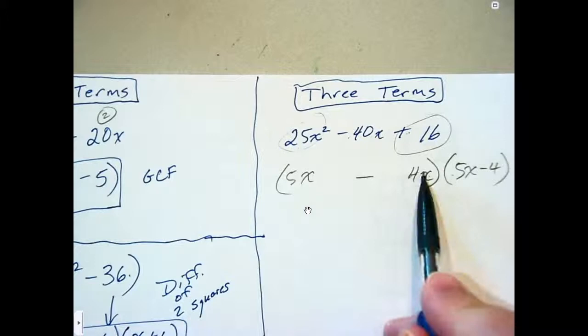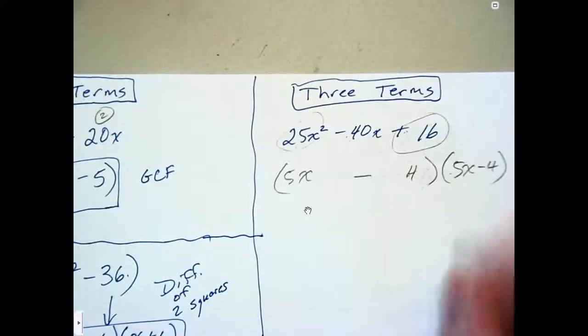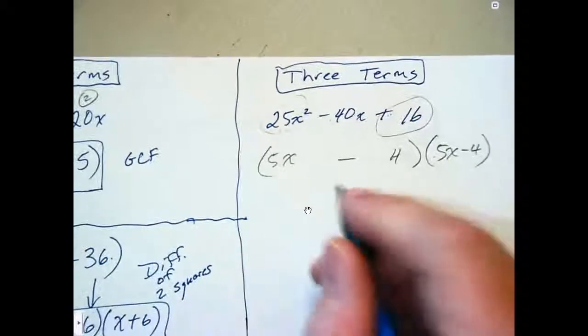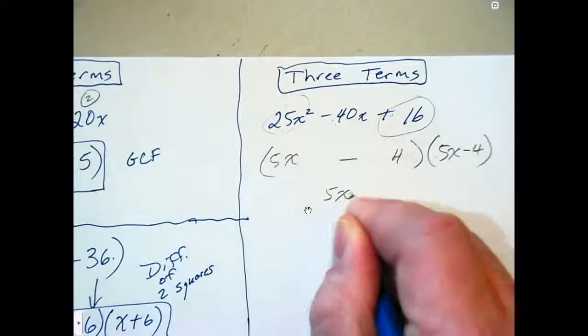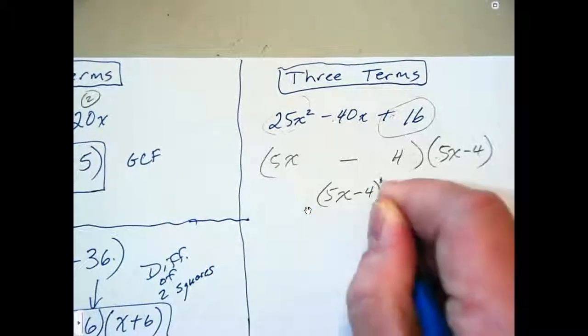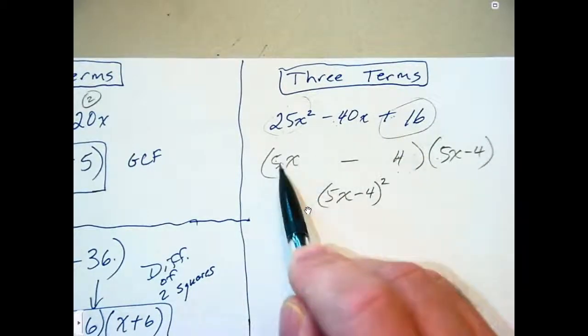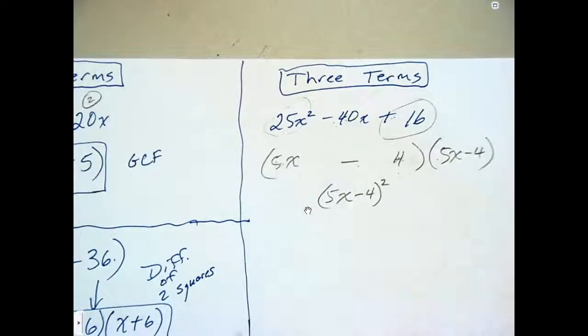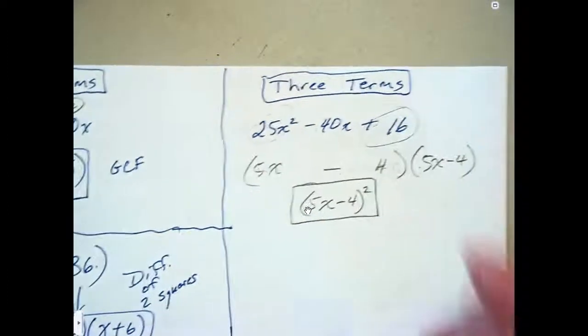And you usually write that, rather than having a big, long quantity there, as 5x minus 4, quantity squared. So if you have the square root here and a square root here, and those two pieces multiplied together and doubled, is that, you have this pattern. That is a perfect square trinomial.